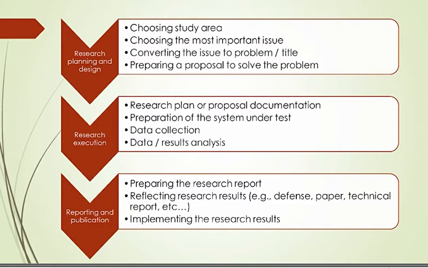For that challenge, you then need to define a problem or a topic or a title and prepare a proposal for it. So that's the first step, which is the planning and the design, just reviewing what we talked about. The second step will be your research execution.